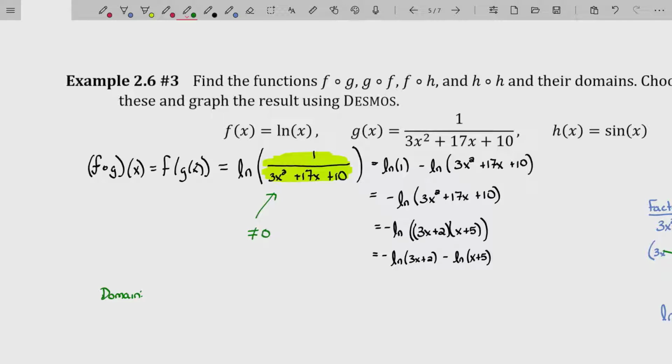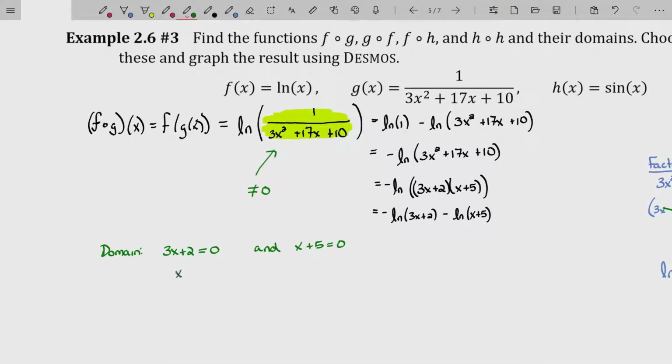So we require that 3x plus 2 not equal 0. I'm just going to say equals 0 for right now because we'll solve that and then throw that outside of our domain. And then also x plus 5 cannot be 0. But again, I'll set it equal to 0 and then make the statements here that we have a problem when x equals a negative 2/3, and we also have a problem when x equals a negative 5.